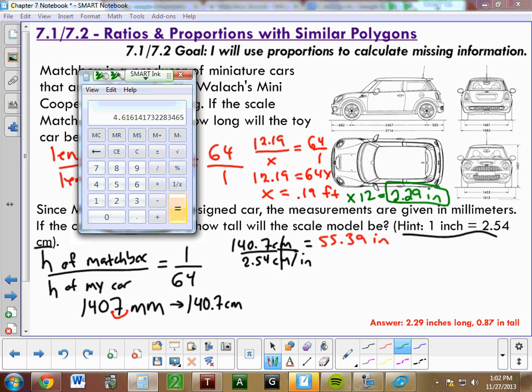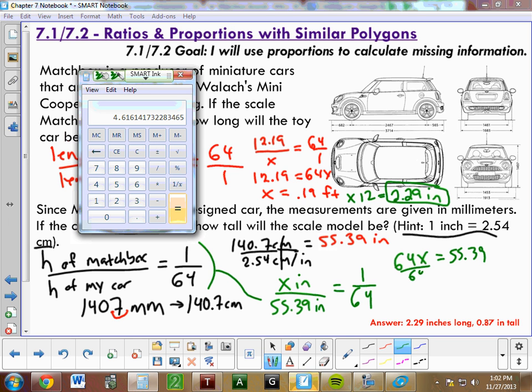So I'm going to set up my proportion now using this here. The height of my Matchbox is, I don't know what that is, but the height of my car is 55.39 inches. That equals 1 over 64. Setting that up and multiplying is the same as before. So you get 64x equals 1 times 55.39.